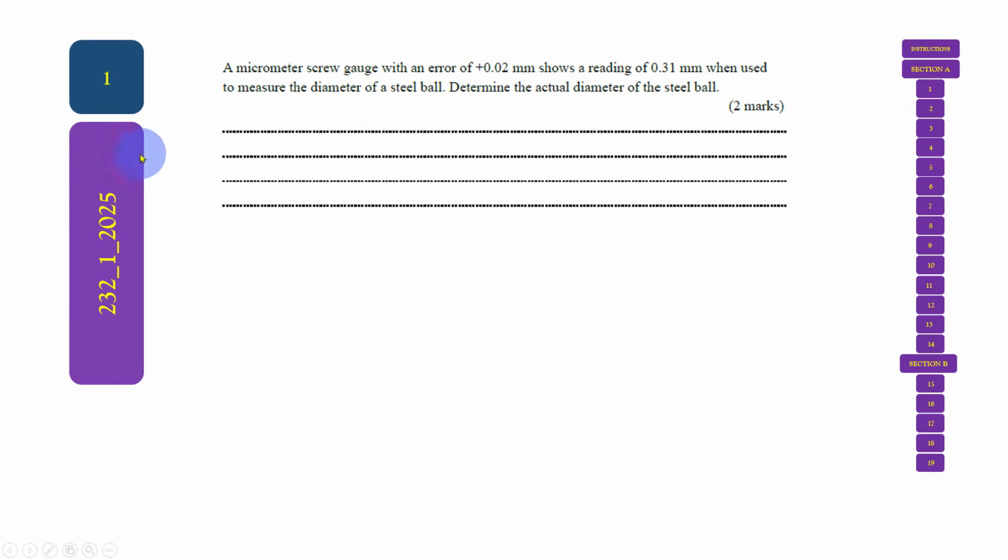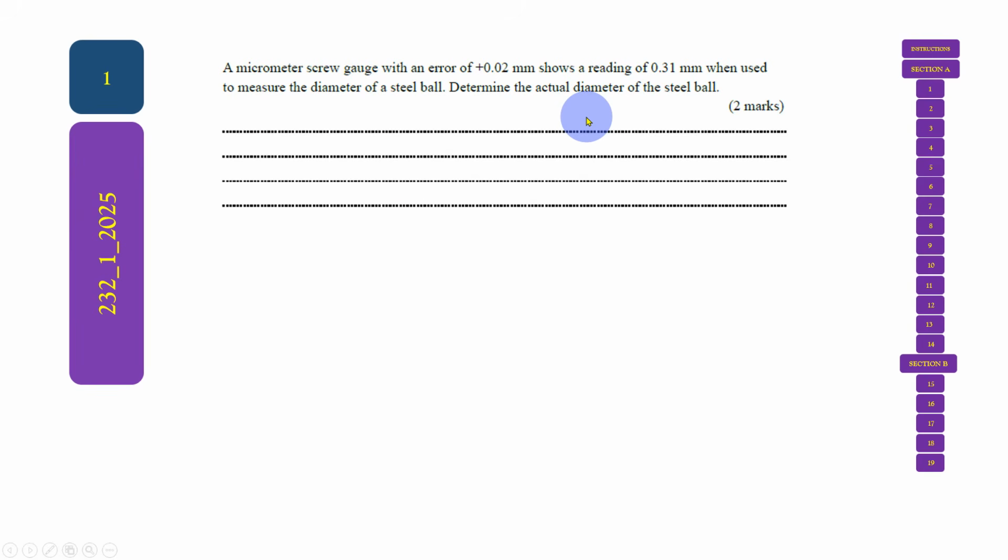In this question, you're told that a micrometer screw gauge with an error of positive 0.02 millimeters shows a reading of 0.31 millimeters when used to measure the diameter of a steel ball. Determine the actual diameter of this steel ball.